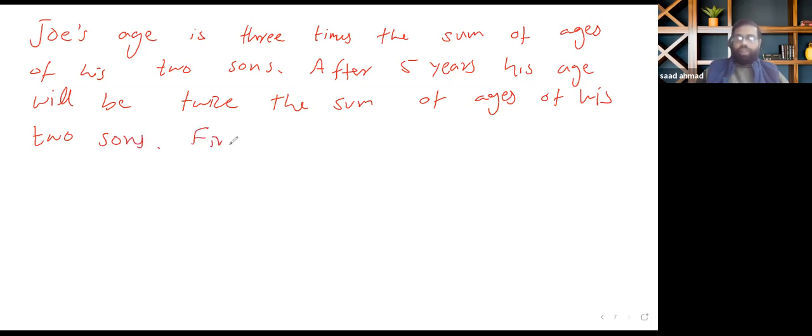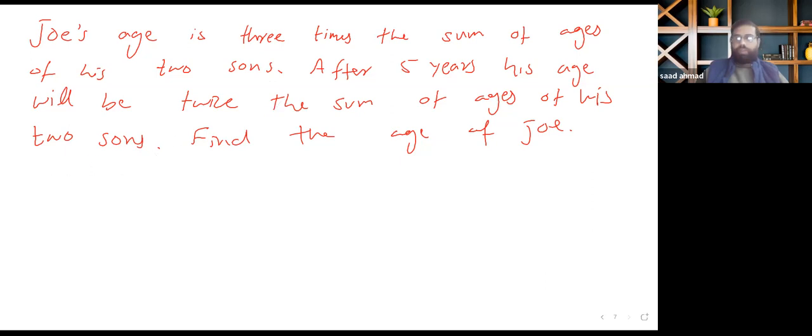So we need to find the age of Joe. We need to find his age. Let's start with the given information that we have. We know that Joe's age is 3 times the sum of the ages of his sons.